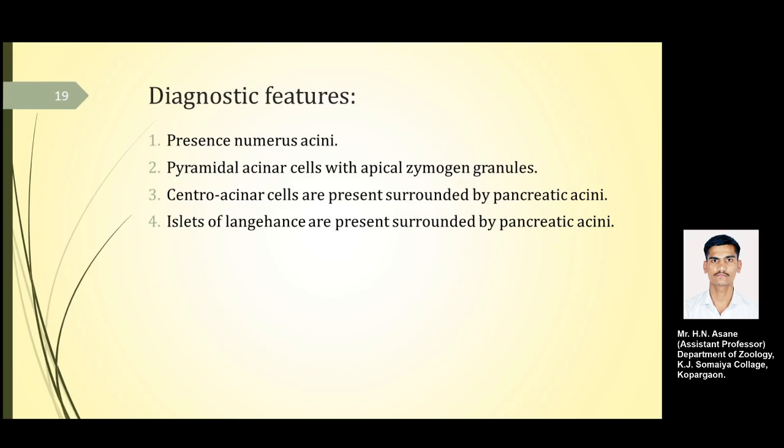Then the centroacinar cells are present, surrounded by the pancreatic acini. Then the islets of Langerhans are present, surrounded by the pancreatic acini. This will be the end of the glands associated with the digestive system.